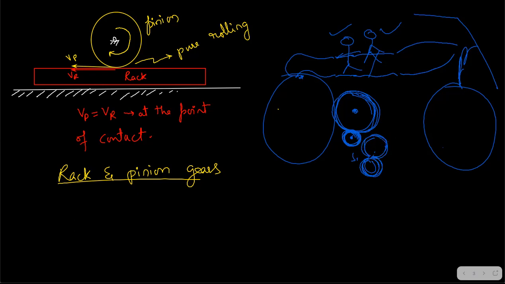Yes, I need some teeth so that I transmit the load and the torque, so that the vehicle can move forward. Yes, the small gear needs some teeth, and the larger gear needs some teeth.